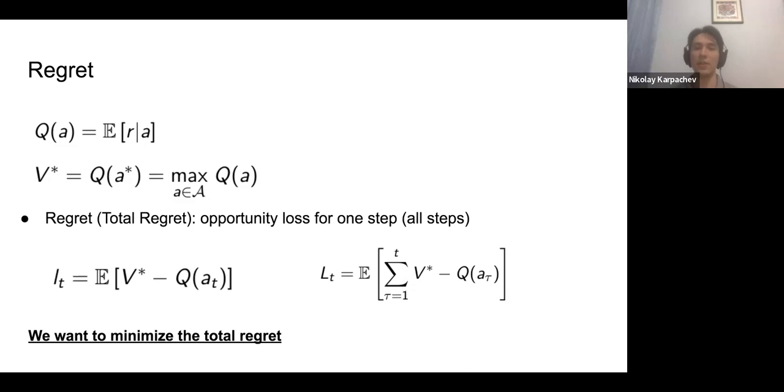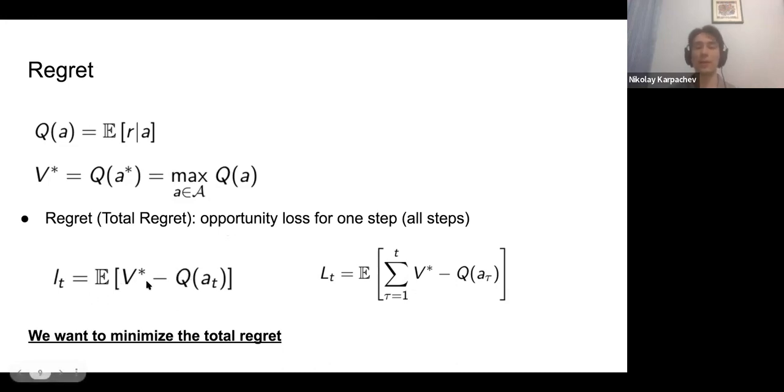So there is this ideal scenario that we play from the start, and we know before what to play. So it's unachievable, but we want to be as close to the ideal variant as possible. And this difference between the ideal variant and what we achieved is called regret.